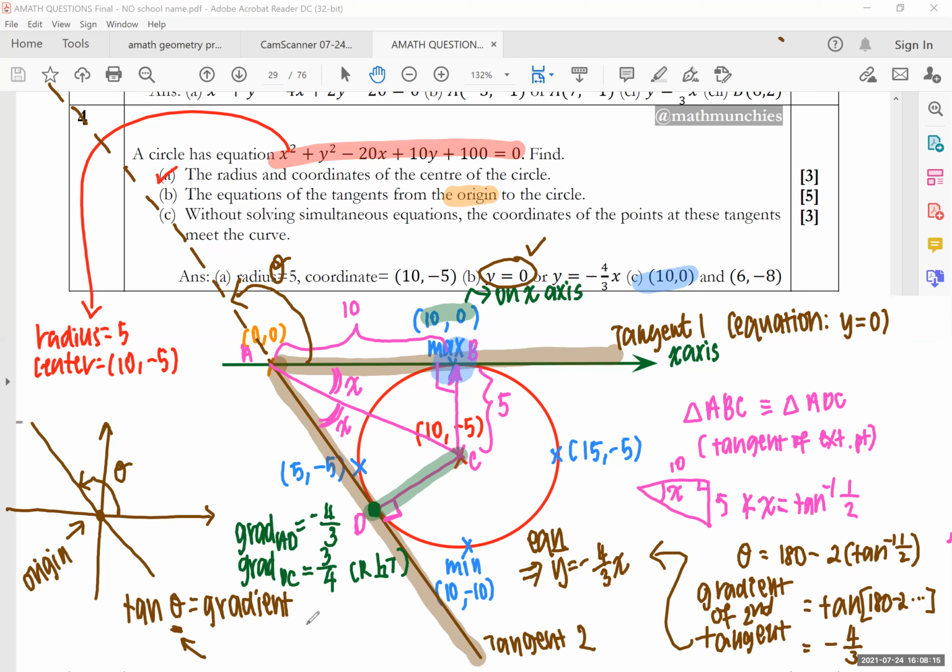This one feels like deja vu. I remember we did something similar before. It feels very similar to a question we did before. Any others? What other way can you use to solve this?